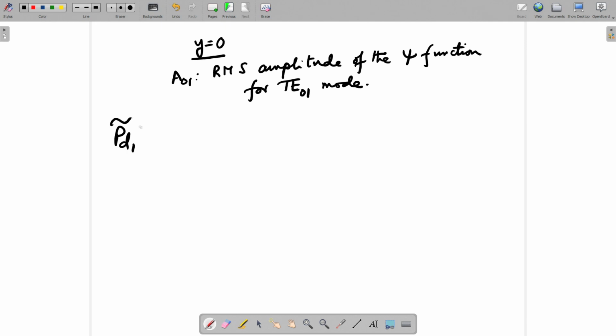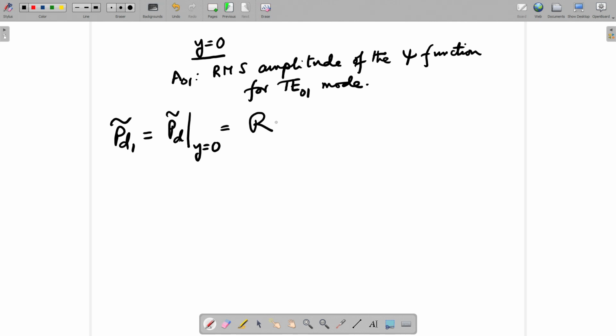So, we call the power dissipated per unit length as PD1 tilde, the time average power dissipated per unit length, that is given by PD tilde at y equal to 0, because we are interested in the power dissipated per unit length on the surface y equal to 0.